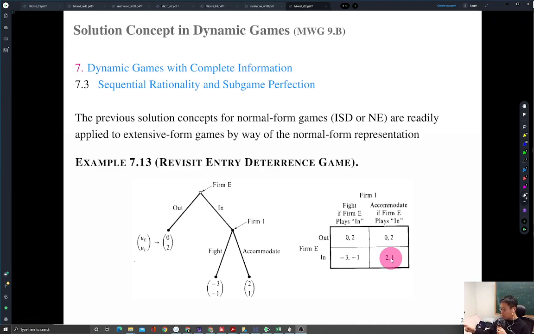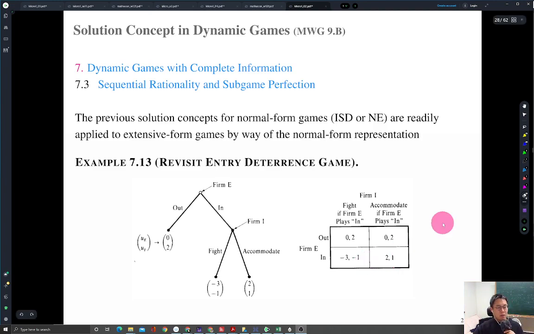Because now we know how to place a given situation in a normal form. And for a normal form game, we studied in the previous part three solution concepts: ISD, rationalizability, and Nash equilibrium. So applying one of those concepts after converting into normal form, we can make a prediction.